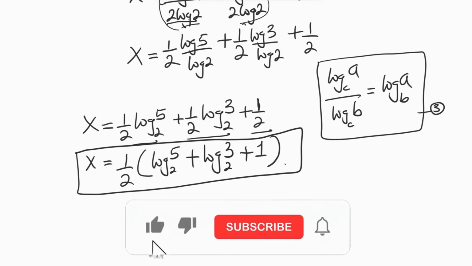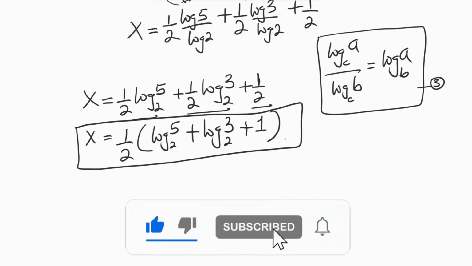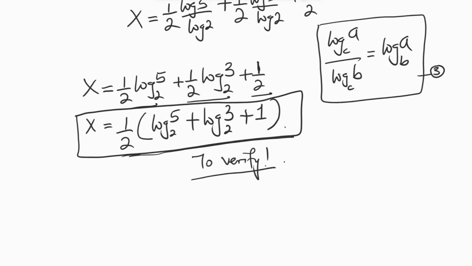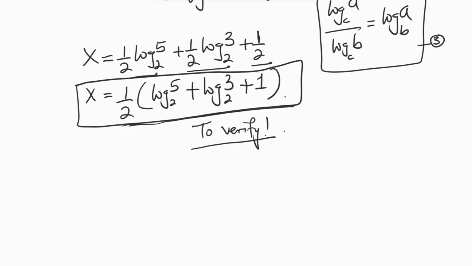Now, we're not going to stop here because we need to verify to make sure that this whole thing that we have here as the value of x is correct. So, to verify, we go back to the very beginning, the question. The question states that 4^x is equal to 30.